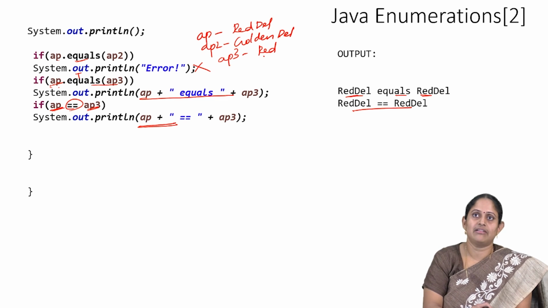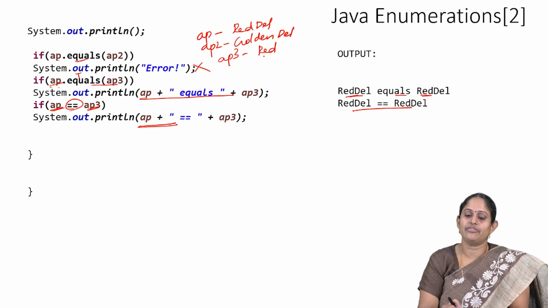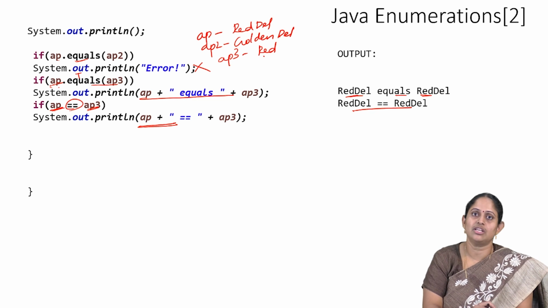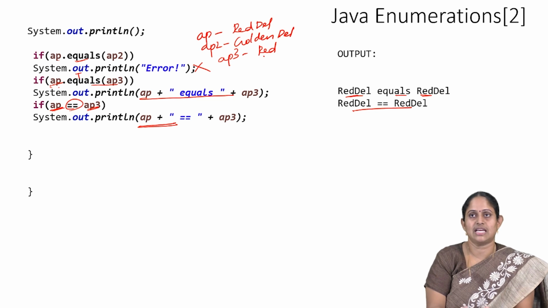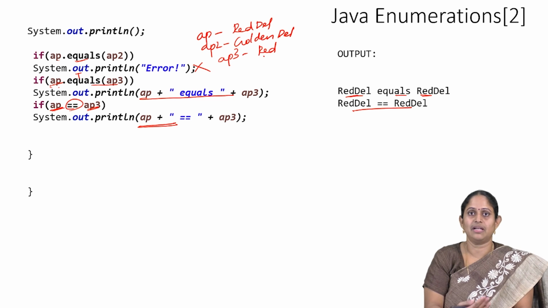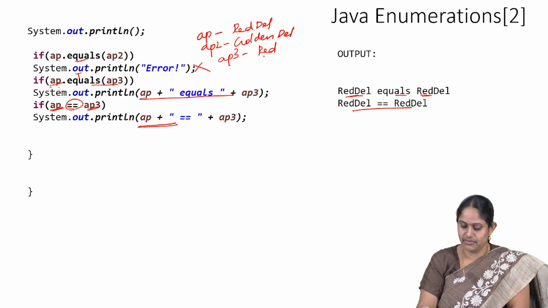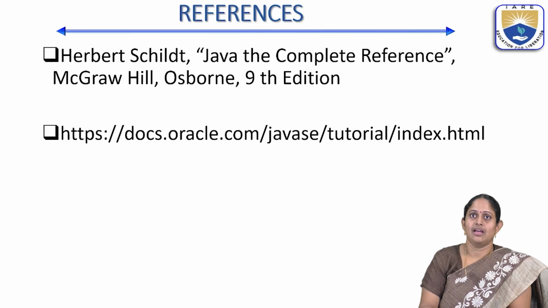Instance members are allowed in enumeration. The main difference is that we need not use the new operator to instantiate the enumeration variable, and we make use of the keyword enum to create any enumeration in Java. Enumerations are a set of constants.